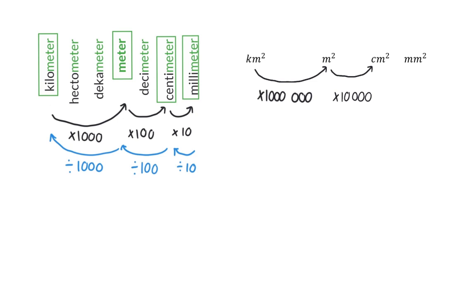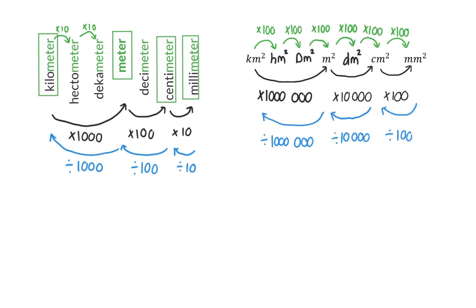And finally, changing from centimeter squared to millimeter squared, we multiply by 10 twice, and that is multiplying by 100. So just like moving one space to the right in meters means multiplying by 10, moving one space to the right in meter squares means multiplying by 100. And again, moving to the left means dividing by these same values.